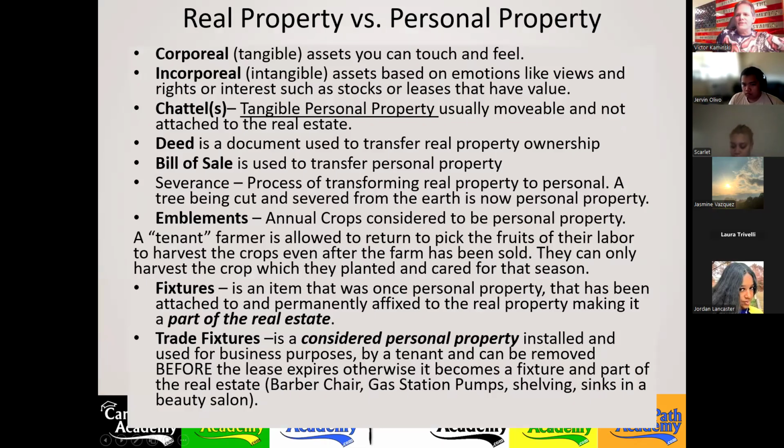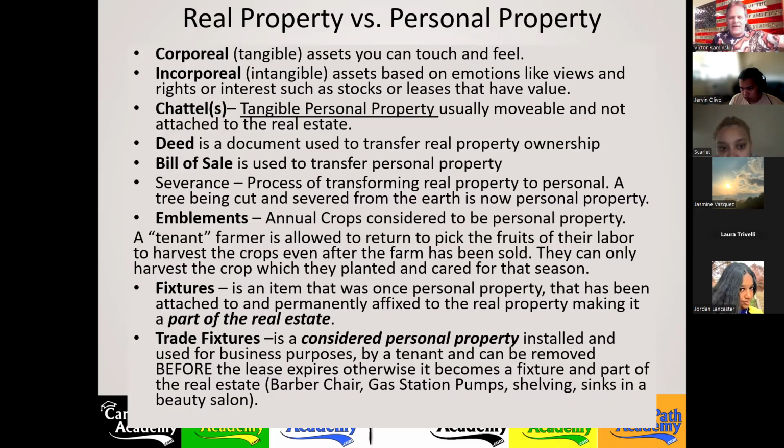Here's another slide where I got a bunch of explanations and definitions for you, in one place that makes it more convenient than all the different highlights. I have a definition of what corporeal and tangible mean. These are assets you could touch and feel. Incorporeal or intangible assets are based on things like your emotions or views or your rights of interest, like stocks or leases that have value.